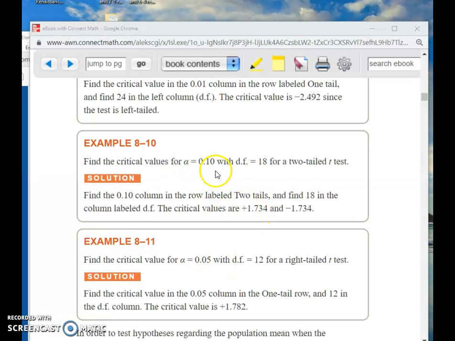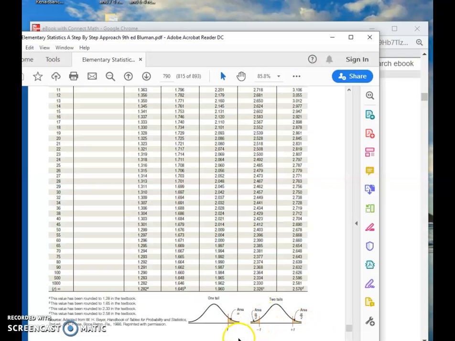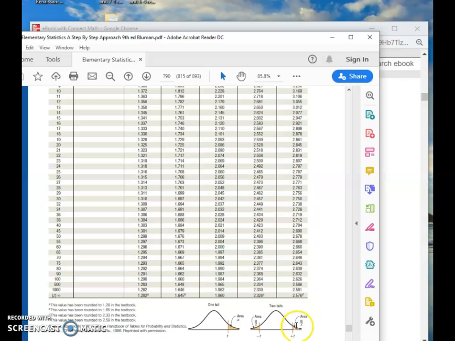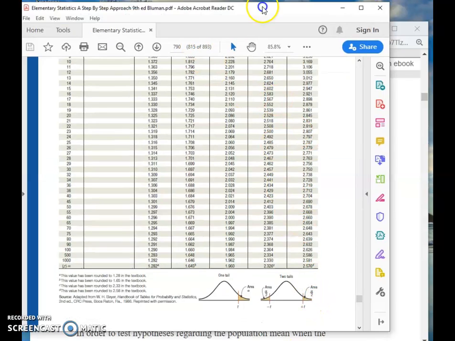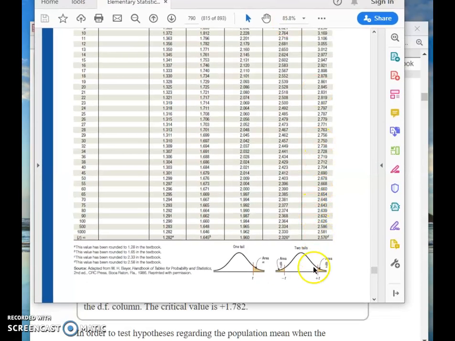So that's the 10%. That's my error budget. If it's a two-tailed test, half of the error budget is on the right-hand side, half of the error budget is on the left-hand side, so it's 5% on each side. That's why you'll see right here at the bottom of your page in your book, which I hope you're looking at, it'll be alpha over 2.